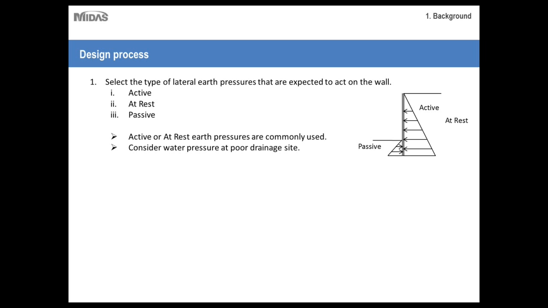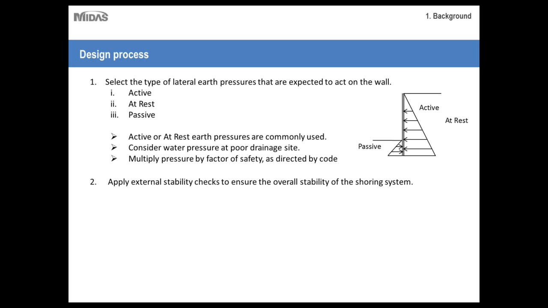So if we don't have a good drainage system at the site, you can assume a huge pore water pressure due to the soil water inside or retained by the soil that can cause additional or increased earth pressure onto the supporting system. And depending upon the codes that you are using, or depending upon the country you are in, you might be required to multiply this factor of safety to the pressure itself before assessing the design needs.